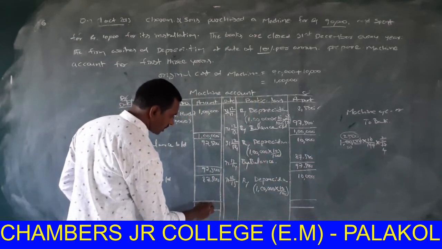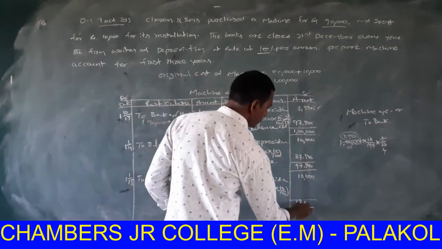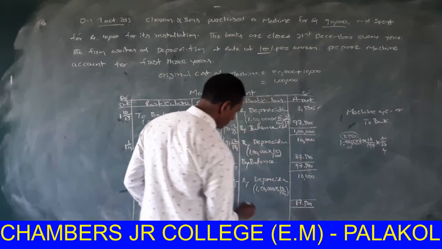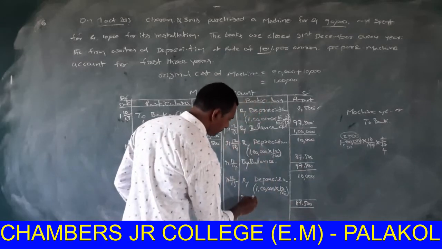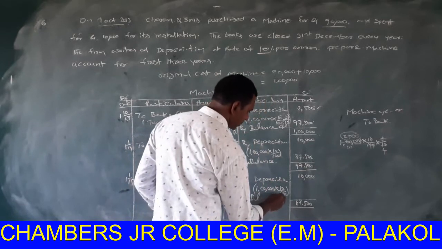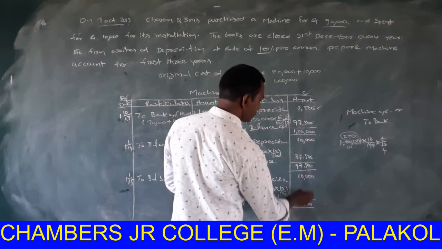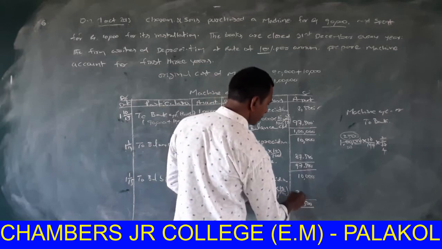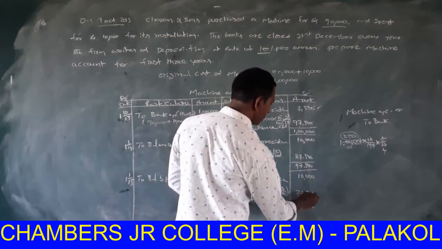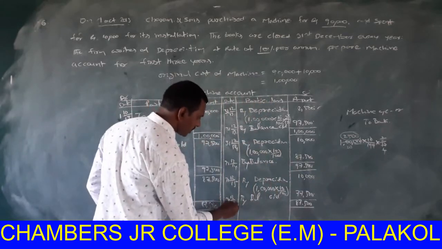Now take the total on the debit side, 87,500. Here also 87,500, by balance carried on. 87,500 minus 10,000, 77,500. Same date, 31st December 2015.